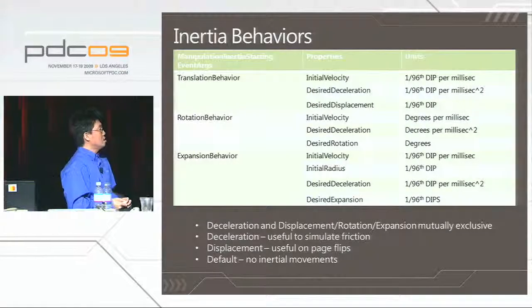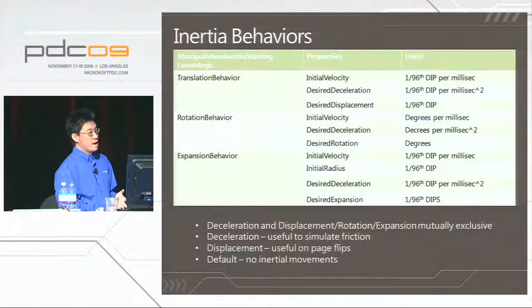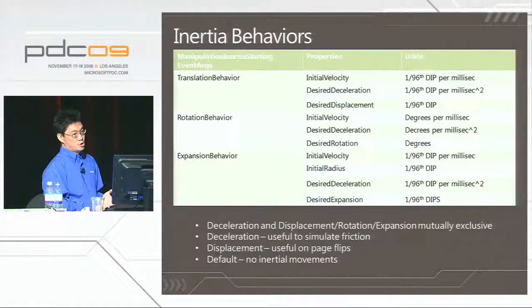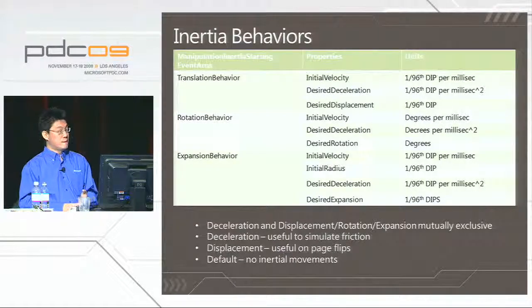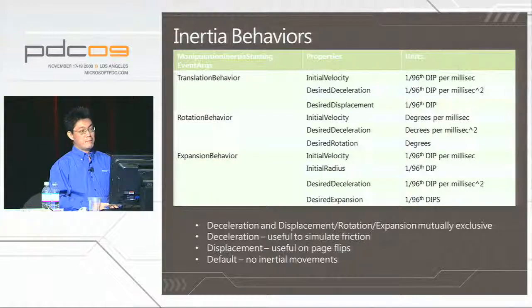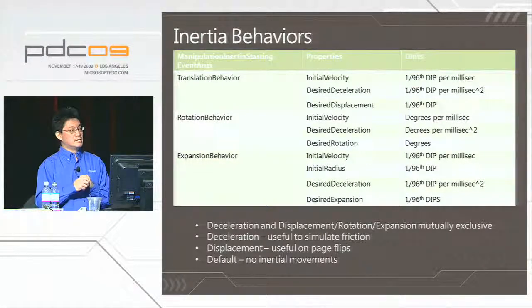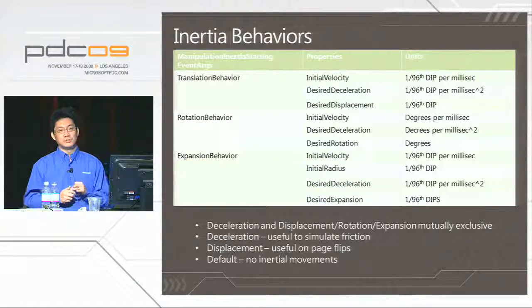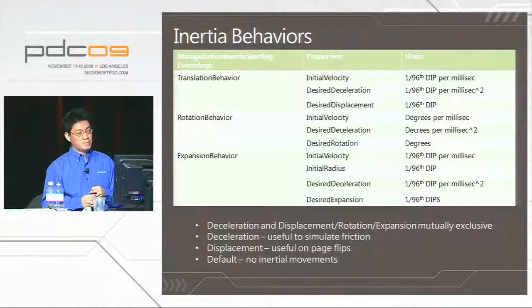So just to summarize, we support translation behavior, rotation behavior, and expansion behavior for inertia. And the units are based on device-independent pixels in WPF and milliseconds. And we support the desired deceleration that allows you to specify the rate of deceleration for the particular inertial movement.